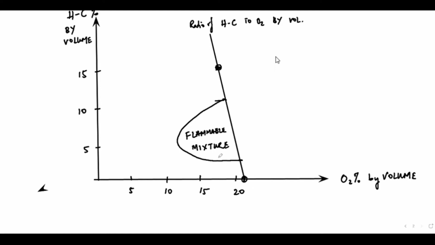This area is where I have the flammable mixture. So my idea is that whenever I'm doing any operations on the ship, my gas concentration in the tank must never ever enter this flammable mixture. That is the whole idea. Any doubts?